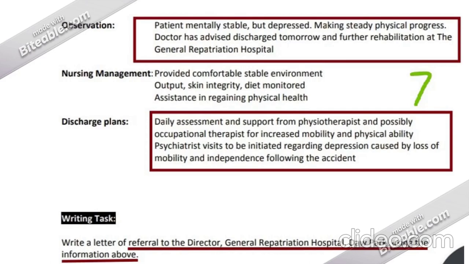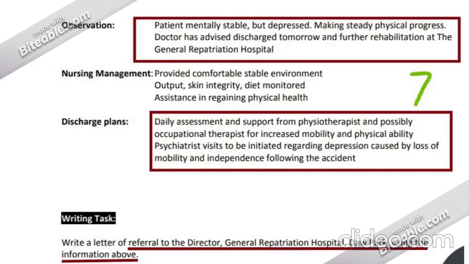And again we will return to the writing task. Once again we will read that: write a letter of referral to the Director, General Repatriation Hospital, Doe Park, using the information given above. So from this letter task, we can come to the conclusion that this patient currently has right-sided weakness and depression. So this is the requirement for the patient.